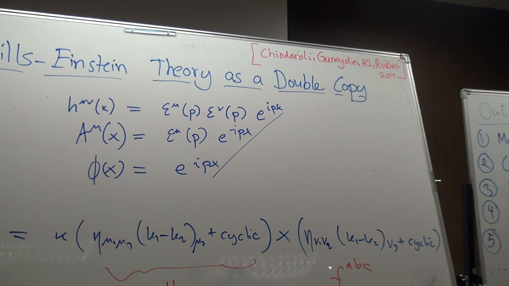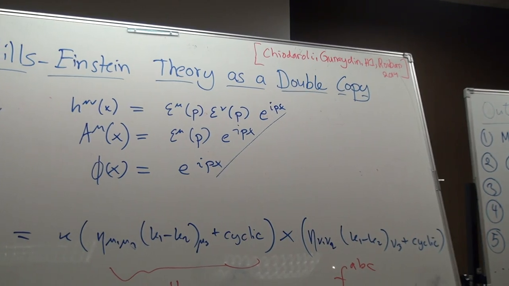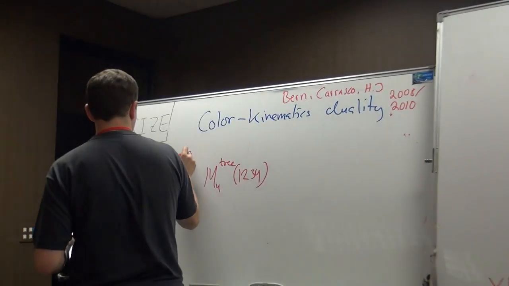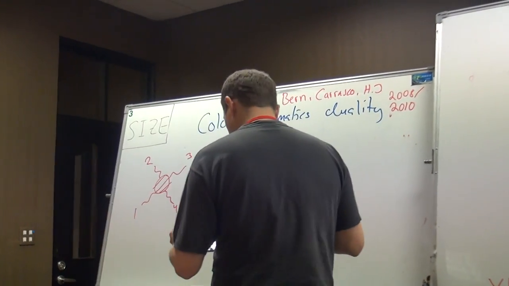So in particular, let's look at a 4-point amplitude. Let me denote it M_4(1, 2, 3, 4). Very schematically, I just draw the leg labels here, 1, 2, 3, 4, as arguments.